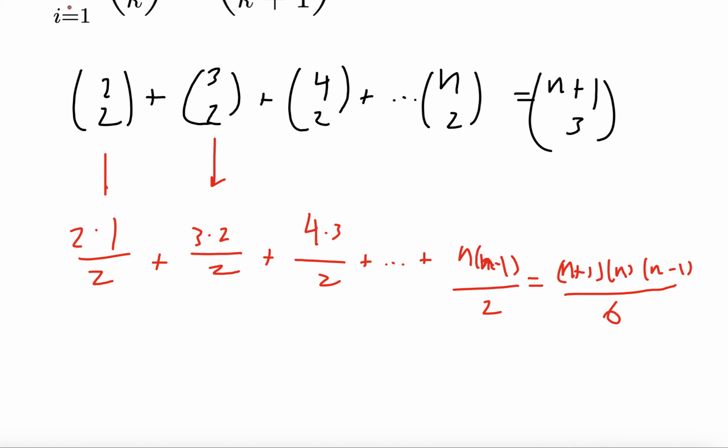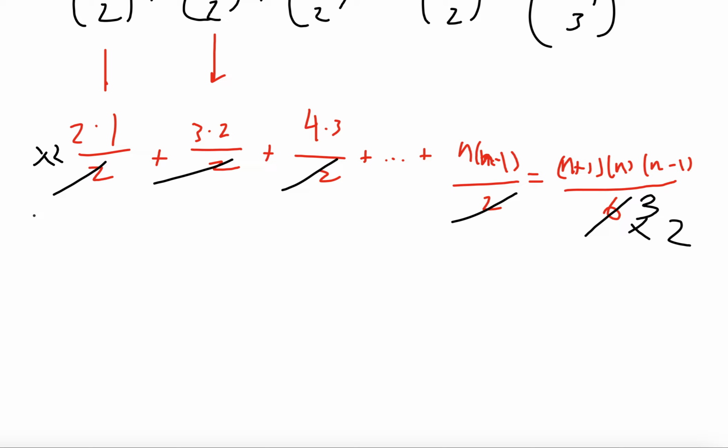Now we can multiply by 2 on all sides, because we can get rid of the 2's over here, and this 6 becomes a 3. So now we have 2 times 1 plus 3 times 2 plus 4 times 3, all the way to n times n minus 1, is equal to n plus 1 times n minus 1 over 3.